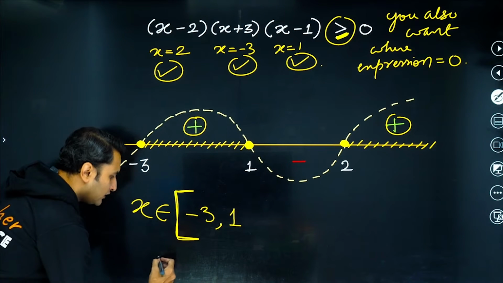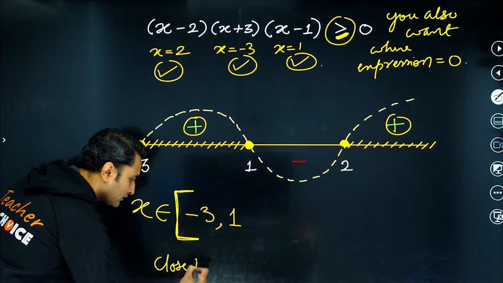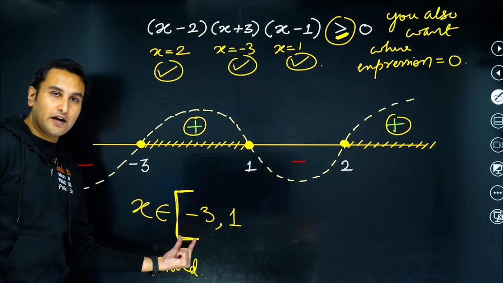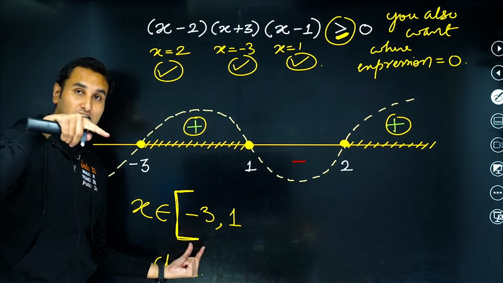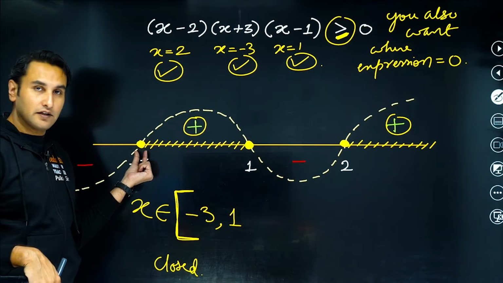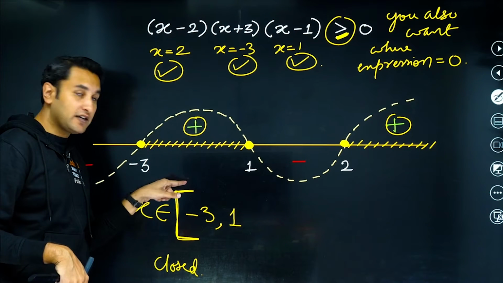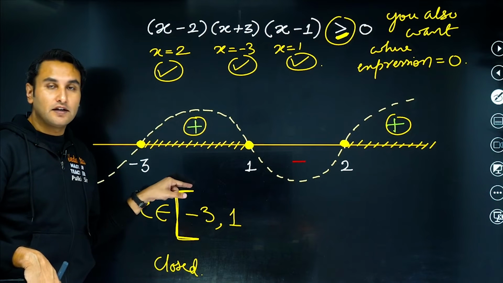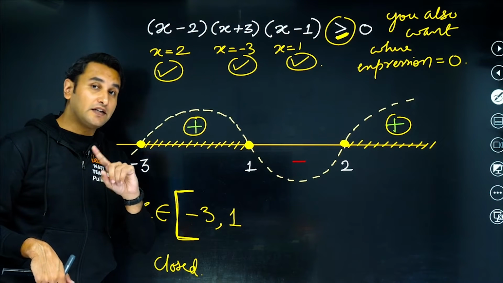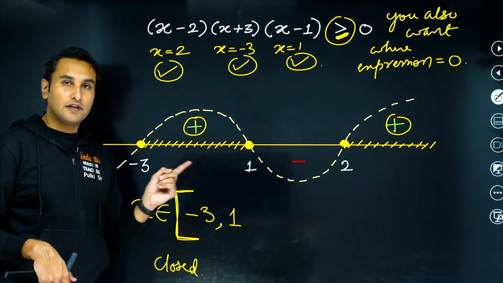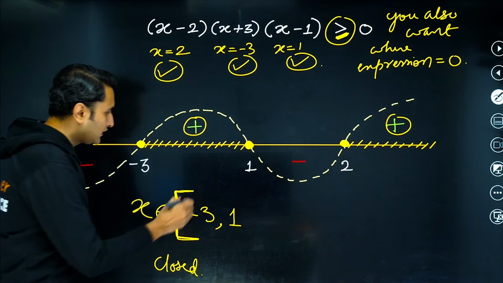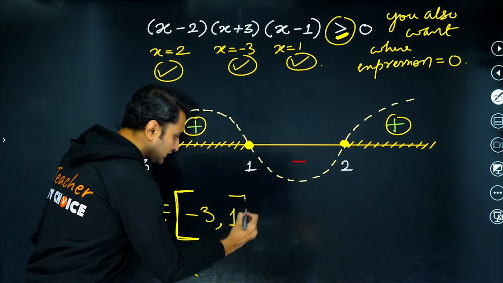Whenever you see closed bracket, it means you are also including minus 3. In the previous case, there was an open bracket, it meant I didn't include minus 3. This time I am including minus 3. Can I include 1? Yes, include 1.